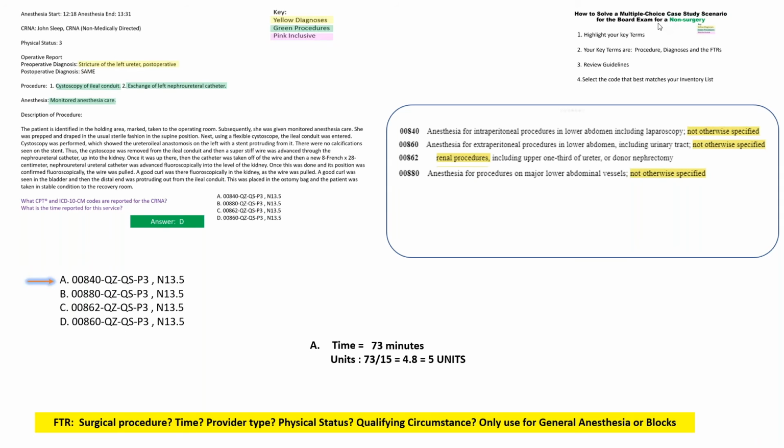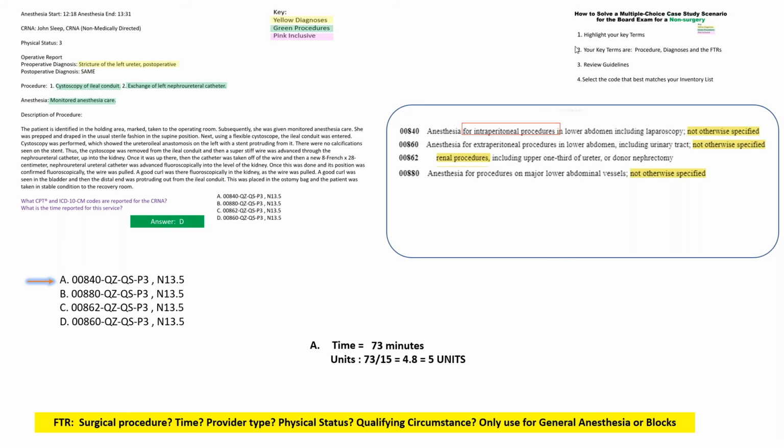Okay, let's go and solve this one. Let's look into option A, that will be coding for anesthesia for intraperitoneal procedures in lower abdomen, including laparoscopy, not otherwise specified. Why do you think option A is wrong, coders? Come on, coders, let's make this session as interactive as possible.